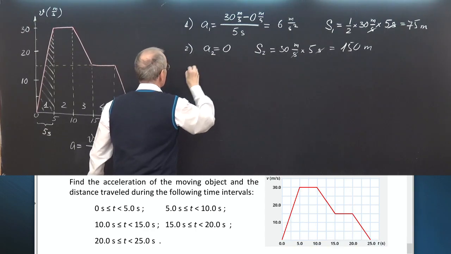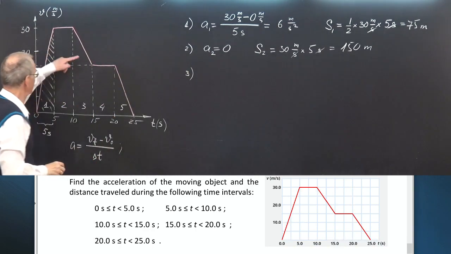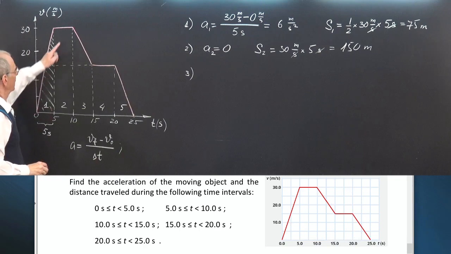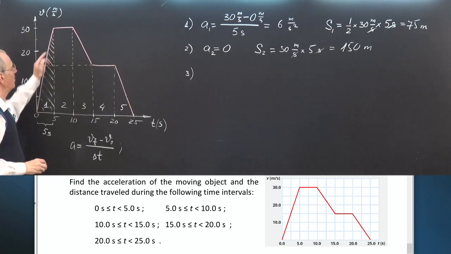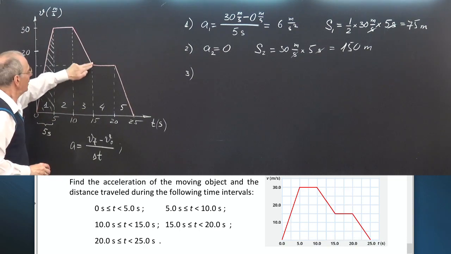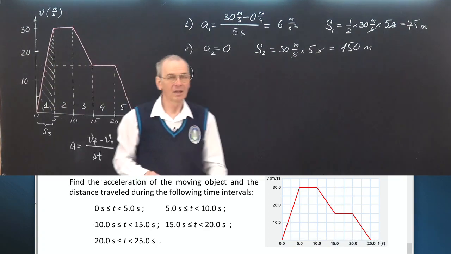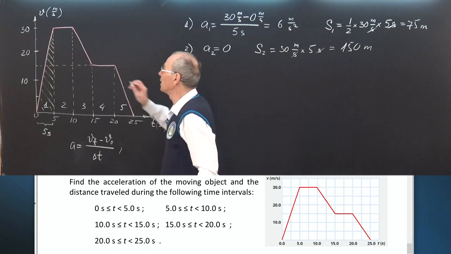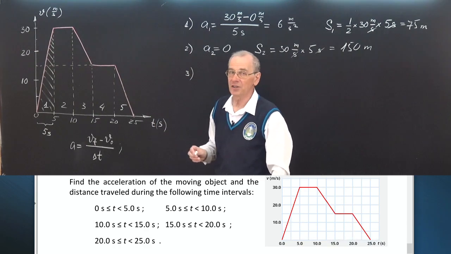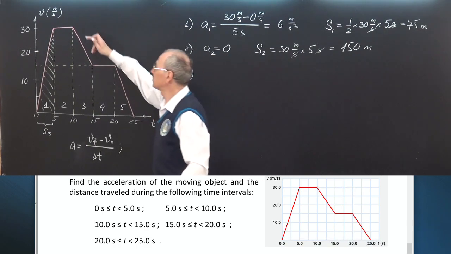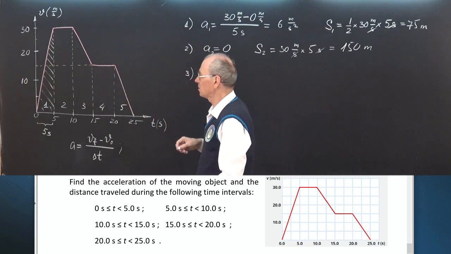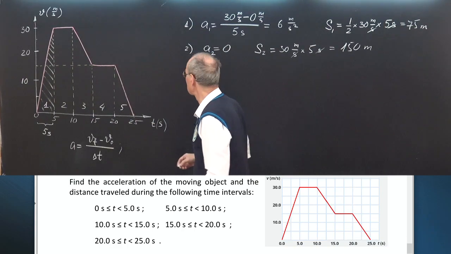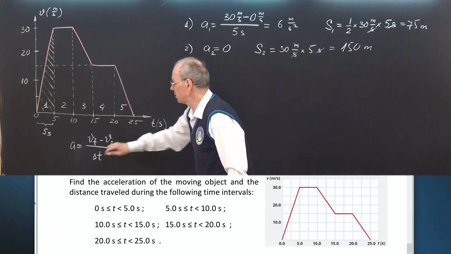The third segment of motion is motion with uniform acceleration, or it may be better to say uniform deceleration, because speed decreases during these 5 seconds. So let's use this formula.